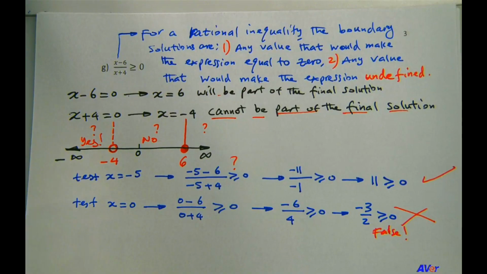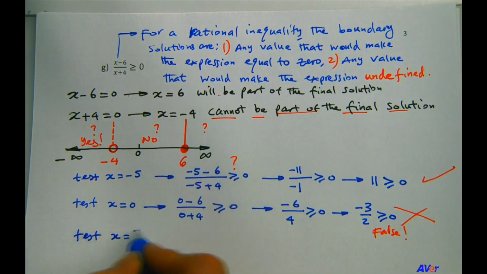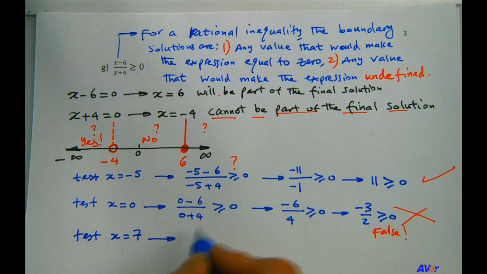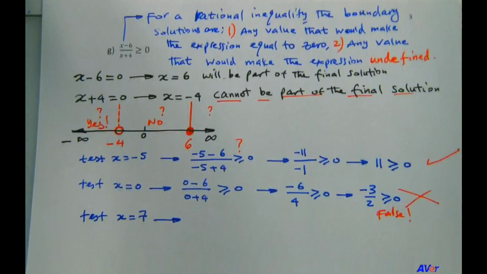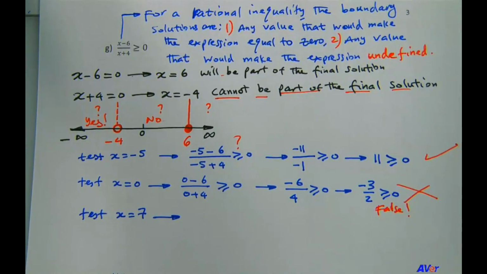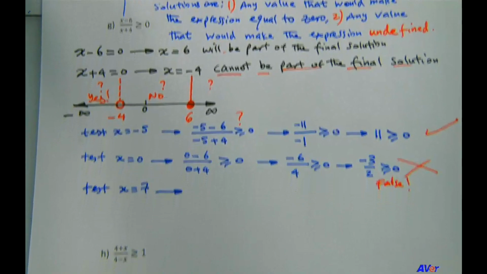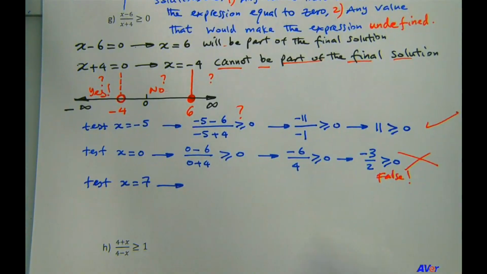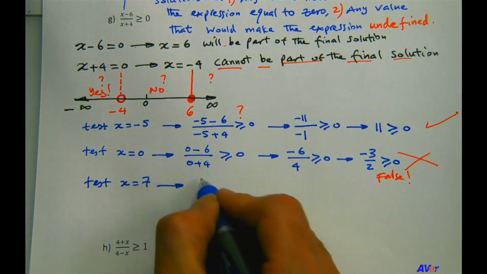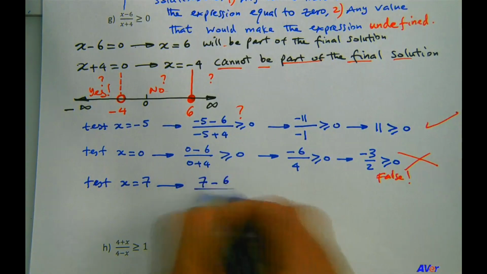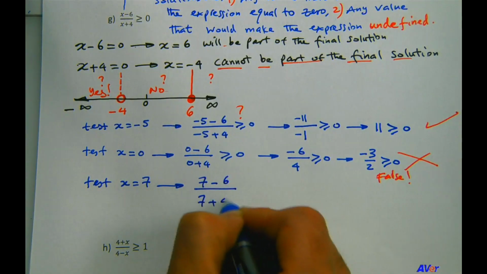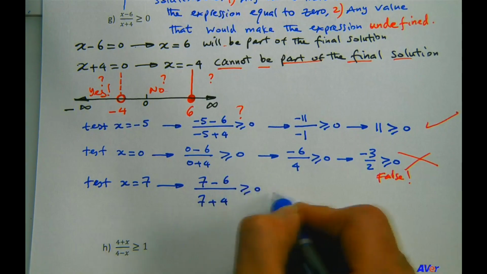Okay, one more region to check, right? That side. So test x equals some easy number, would be 7. And let's plug it in there. Like that. And so 7 minus 6 divided by 7 plus 4 greater than or equal to 0.